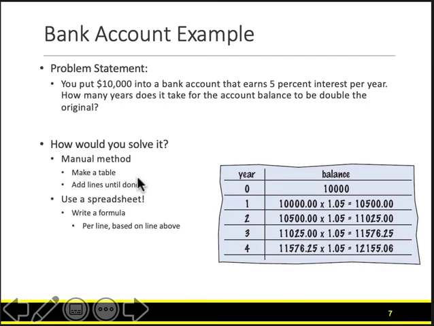You can read it in detail in the book, but the point is how would you solve it? You make a table, something like this, where your beginning balance at year zero is 10,000. To double means you have to stop whenever your amount gets to 20,000. What's your per year interest? You multiply the previous amount by 1.05. You get the new amount. You take that amount, multiply by 1.05, and it keeps on going. When you hit 20,000 here, that's when you stop.